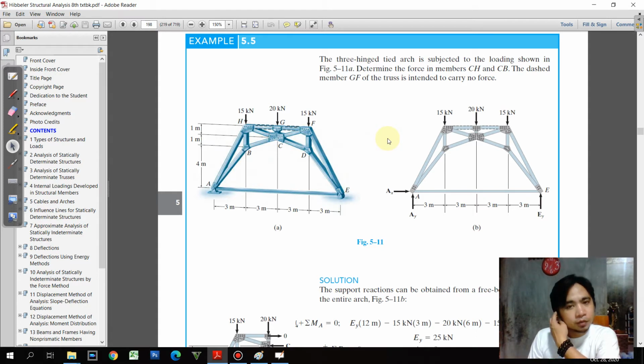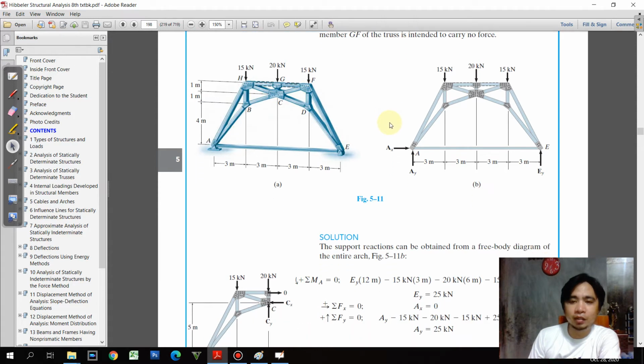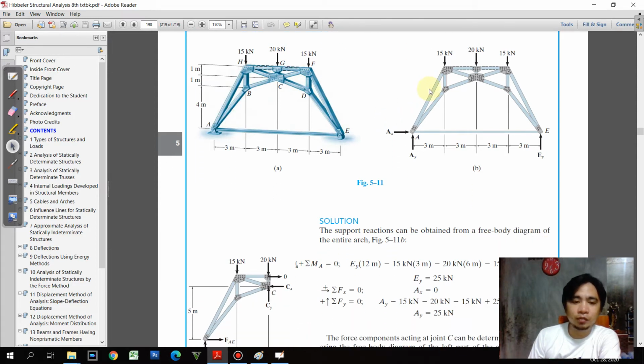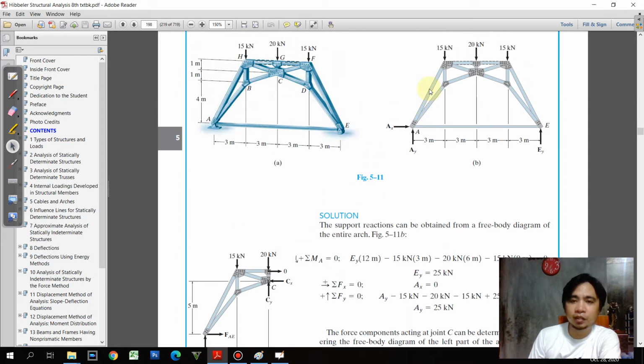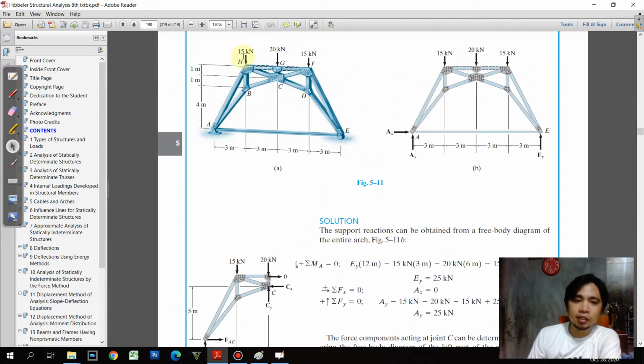So remember that horizontal HGF has no loading. That is why it is very clear in the problem. The dash member GF of the truss is intended to carry no force because there will be no lateral force present on the arc. And actually it is just supporting vertical loadings, namely 15, 20, and 15 here.